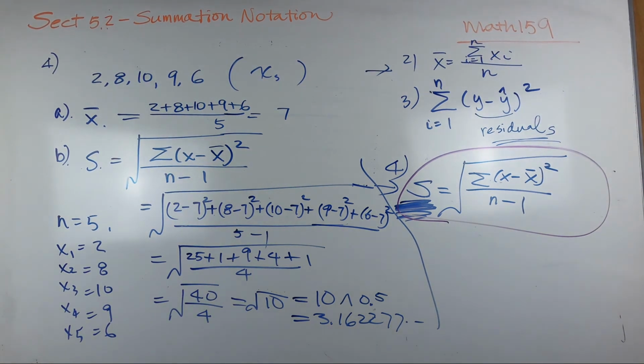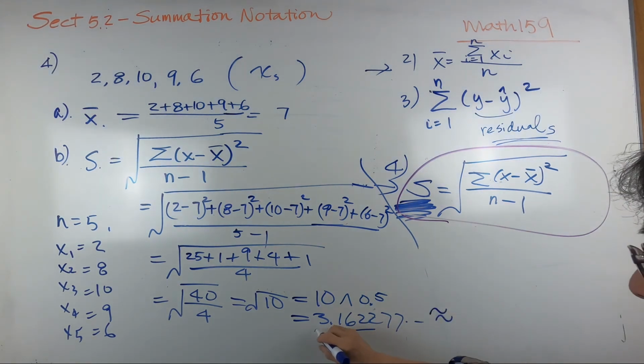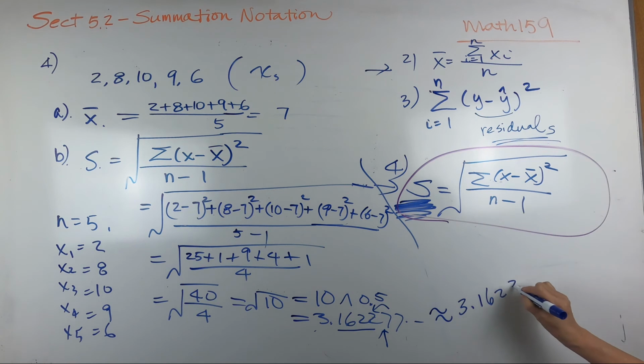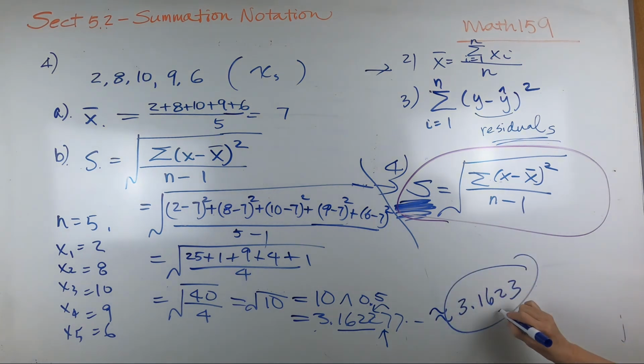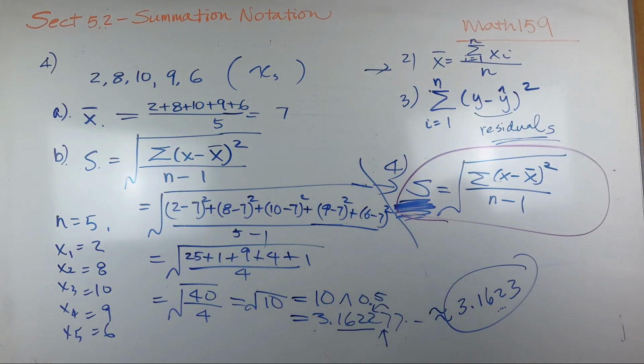Then the question tells you how many decimals we need: 4 places. So you need to round it to 4 places, round up, right? So your answer should be 3.1623. That would be your answer for this data set for the standard deviation.